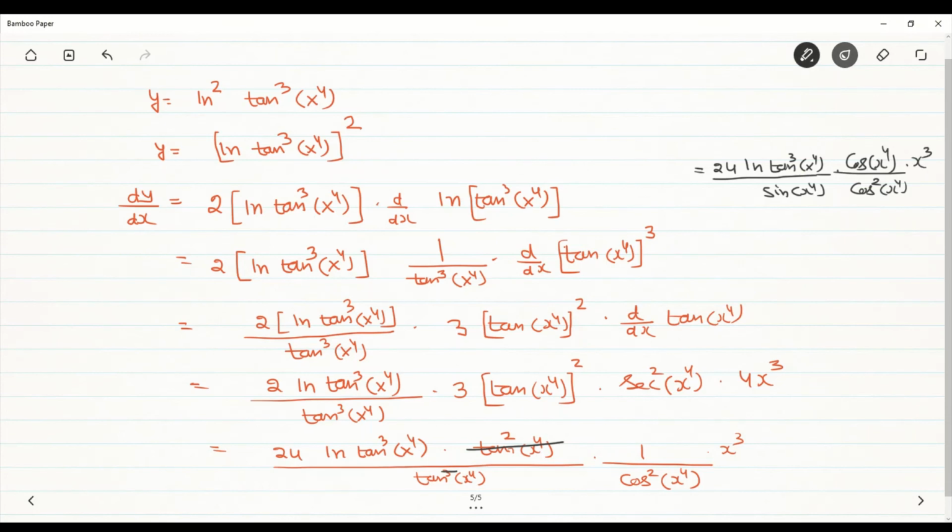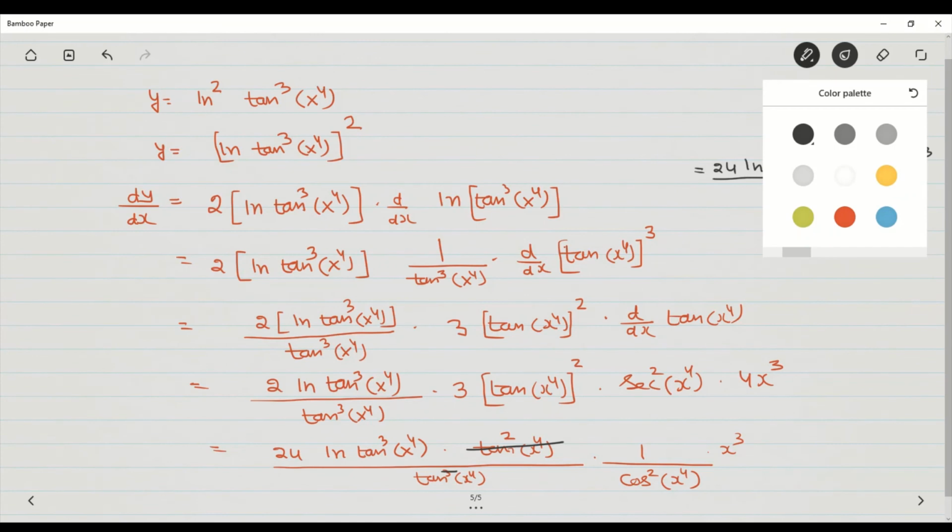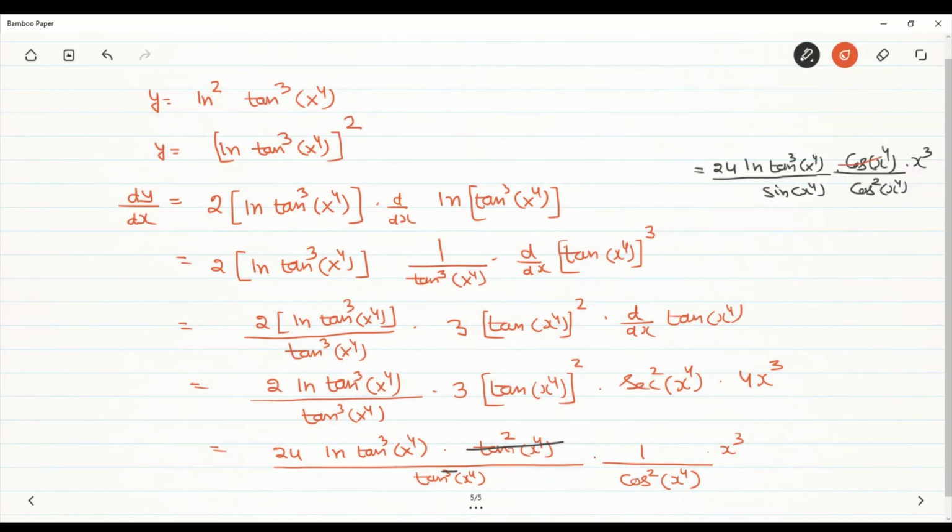Now you can see this cos x⁴ and this one cos x⁴ cancel.